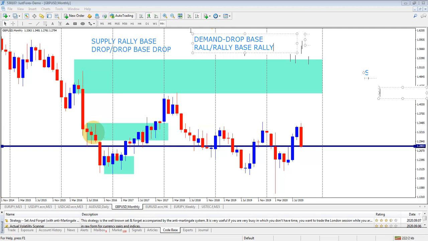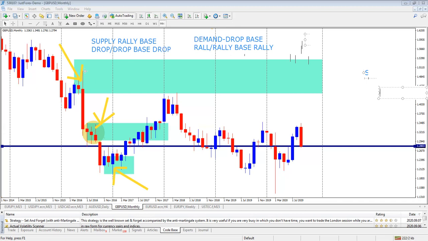Okay, so here on my chart, I have a rally base and a drop. That's where this whole move originated from. Here at the bottom, this is a drop base drop.